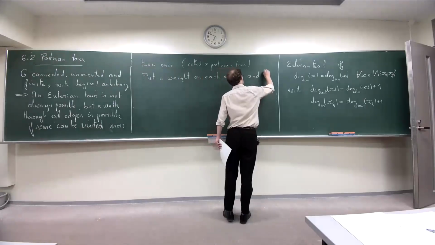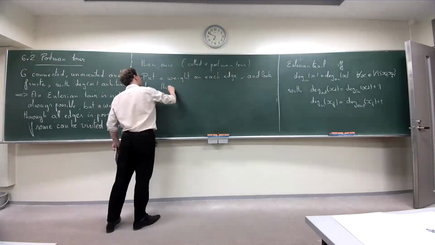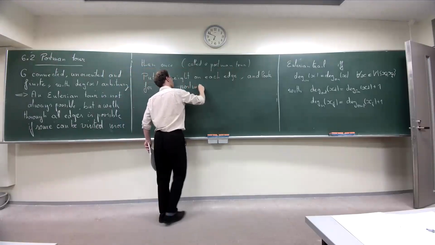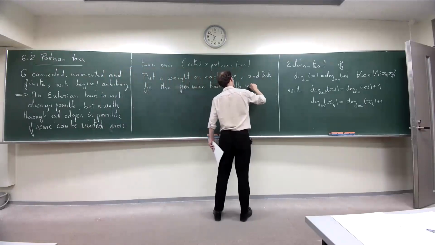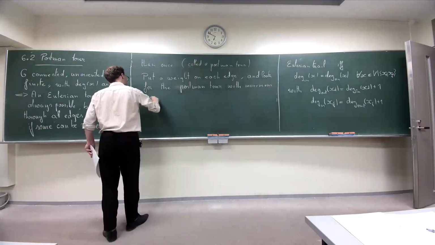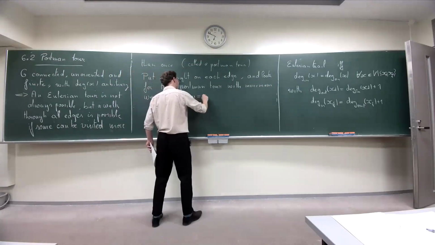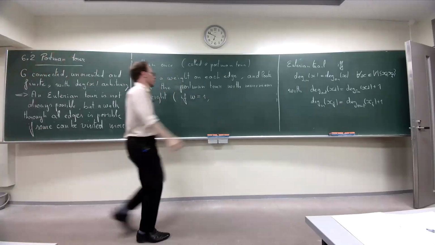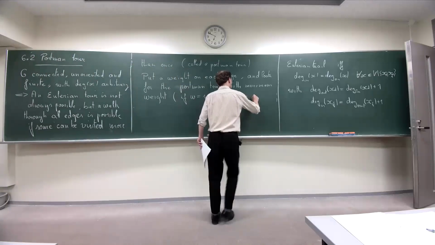And look for the walk or the Postman tour with minimum weight. And as I said, if all weights are 1, minimal weight means shortest. Minimum is equal to shortest.